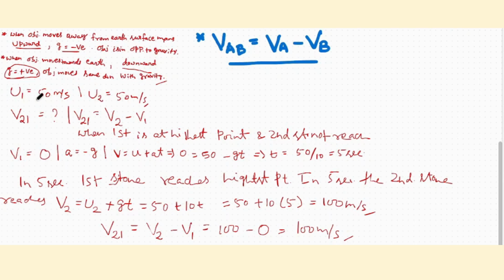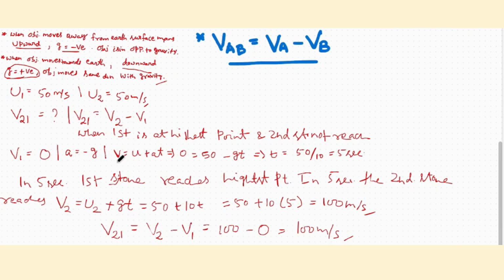We have to find the relative velocity of the second with respect to the first when the first is at its highest point and the second has not reached the ground. That is the condition. The relative velocity formula is V_AB is equal to V_A minus V_B. When the first one reaches the highest point, its velocity will be 0, and as it is moving upward, opposite to gravity, acceleration will be minus g.